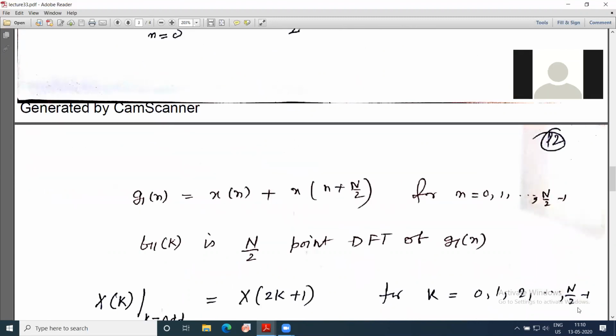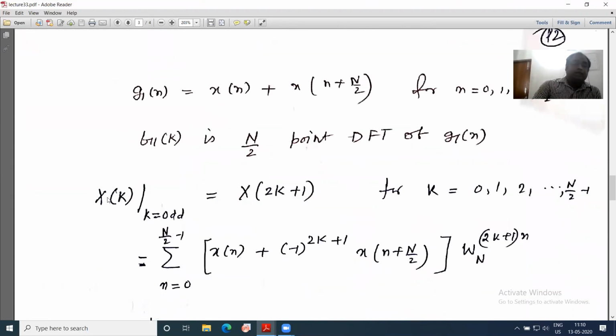Now what I'm writing is g1 of n equal to this for n equal to 0 to N by 2 minus 1. Now g1 of k is the N by 2 point DFT of g1 of n. Everybody agrees with that? Next I am writing x of k for k odd, that is equal to x of 2k plus 1. Now let us see the range for k.